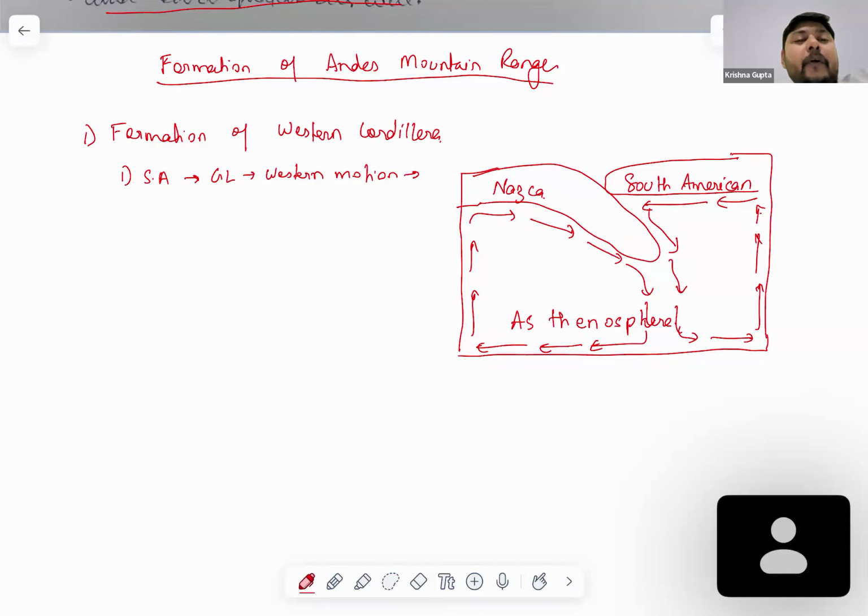Okay, but here we'll be seeing that because it was moving over the Nazca plate, which is also an oceanic part of the plate, the accretion of various materials resulted in the formation of an accretionary wedge.